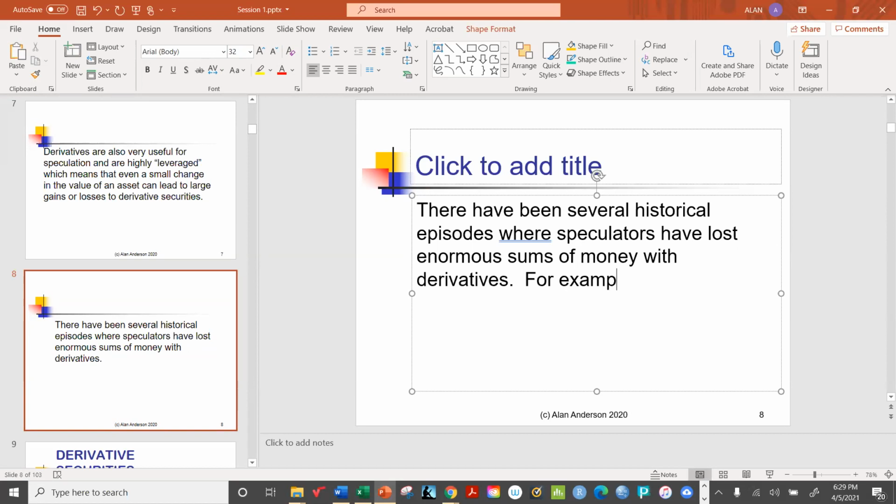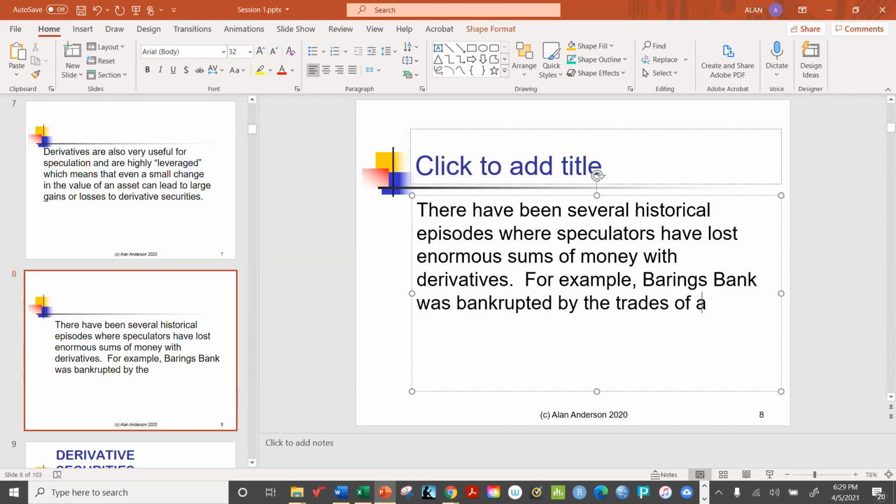For example, and I'll just mention this briefly because this is an event that has been written about extensively. Barings Bank, which no longer exists, by the way, was bankrupted by the activities of a single trader in their Singapore branch.